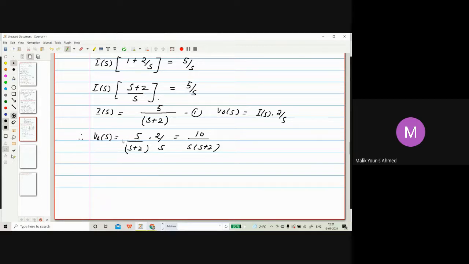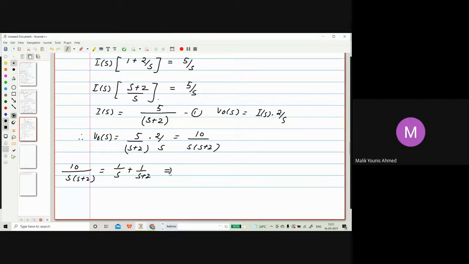Now again we have to find the partial fraction for this one. So we can write 10 divided by S into S plus 2 equal to A by S plus B by S plus 2.